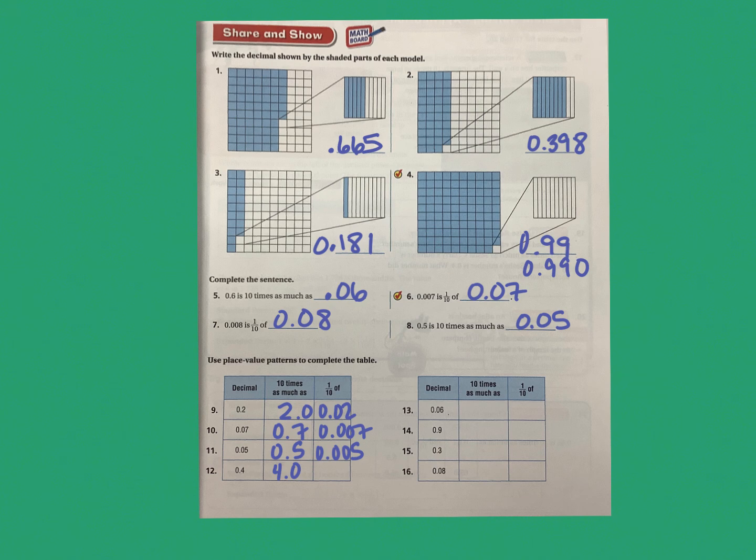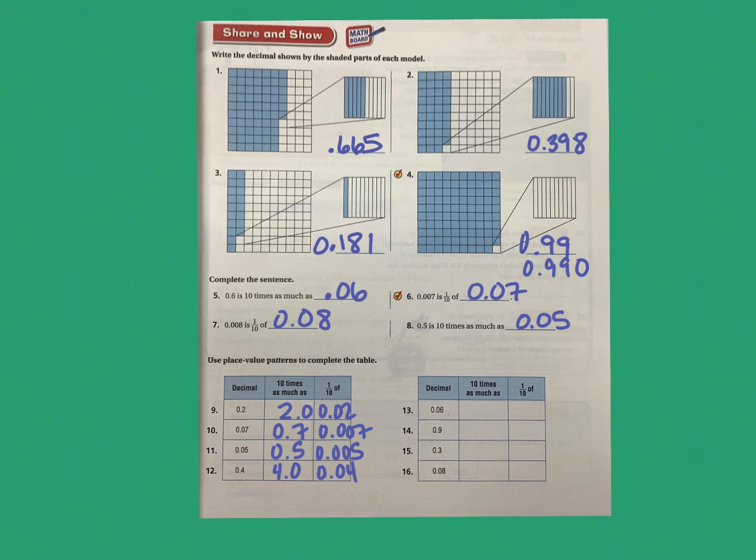And what's 1/10 of 4 dimes? If I cut those 4 dimes into 10 pieces each, that's going to push me over to 4 pennies, 4/100ths. These are smaller amounts here, and these are larger amounts than this one here.